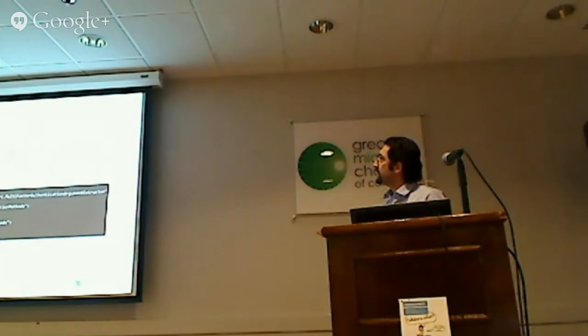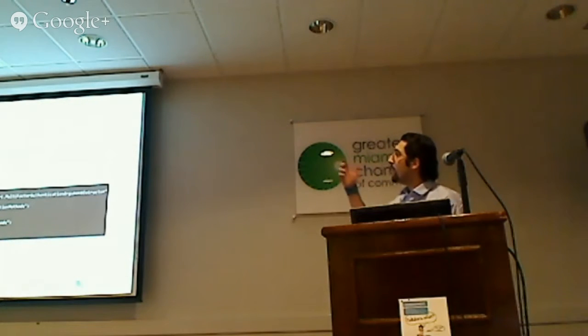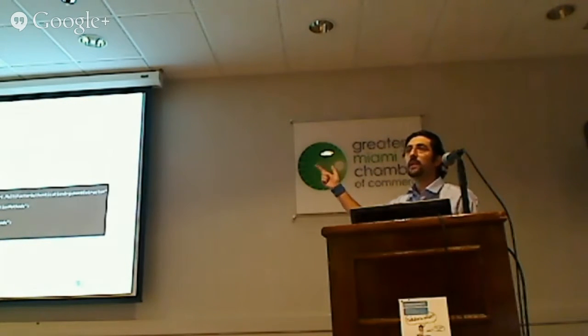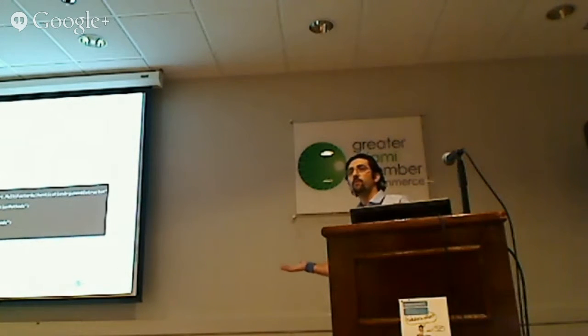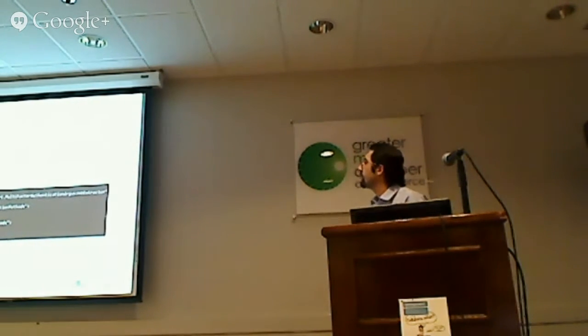CAS MFA, this particular extension, augments the CAS protocol by allowing an additional parameter to the login endpoint. So you specify that my required authentication method, as the relying party that you are, is strong two-factor, or whatever else that you would have otherwise configured the CAS server to know about.